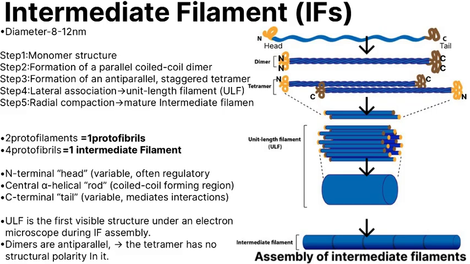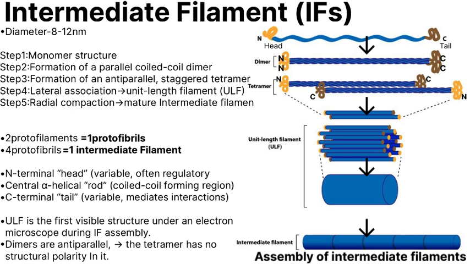At the N terminal, it has a non-alpha helical head domain, at the central part it has an alpha helical rod domain, and at the C terminal, it has again a non-alpha helical tail domain, where the central rod domain consists of a long tandem structure which repeats one behind another a distinctive 7 amino acid sequence, which is called the heptad repeats.